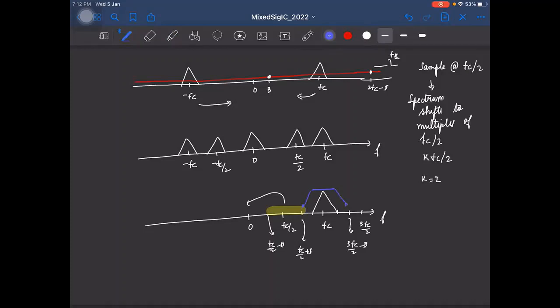So earlier, if let's say this is B, the bandpass filter could have done something like this. But now you see the bandpass filter needs to provide sharp filtering. Okay. So as you keep reducing this frequency, from FC by 2, let's say you go to FC by 4, this down conversion will still happen, but what's the problem?